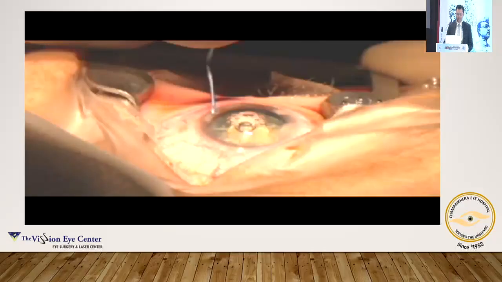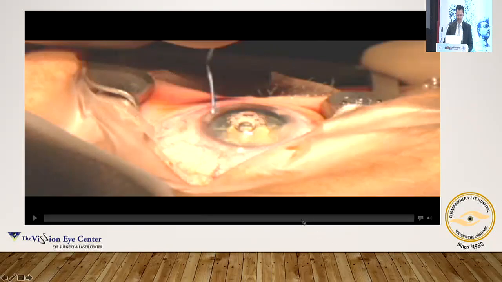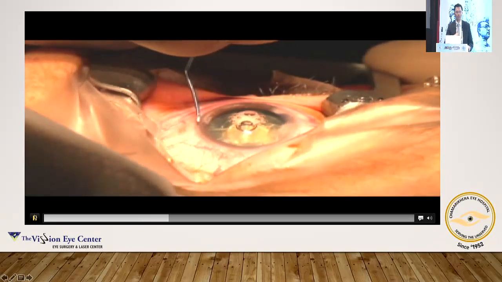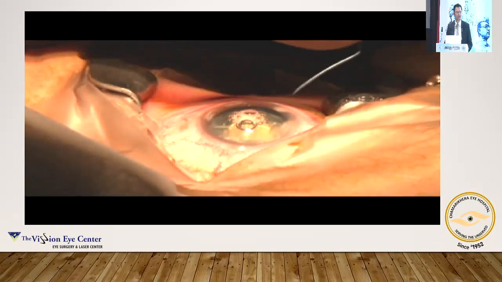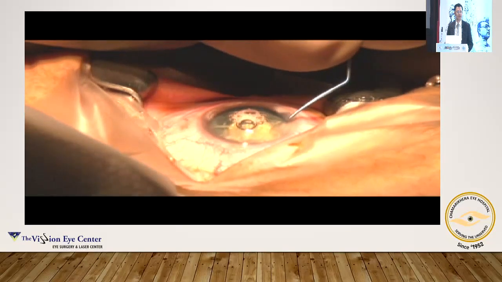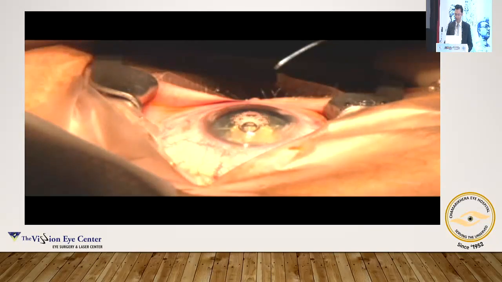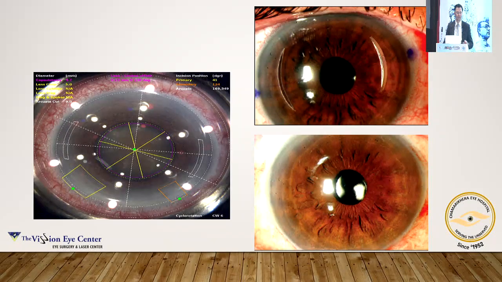So here you see, this is a beautiful 3D video. You see from the outside how you can actually open up that incision beautifully in the eye, and it is guided, it is neat, it is clean, and it gives us the desired result that we want. And these are the post-operative outcomes you can see in the image in the top right.